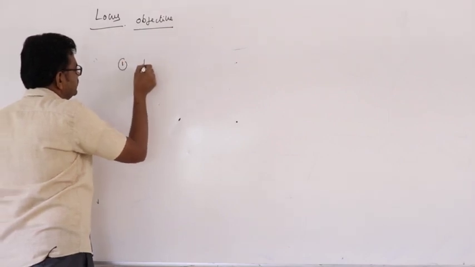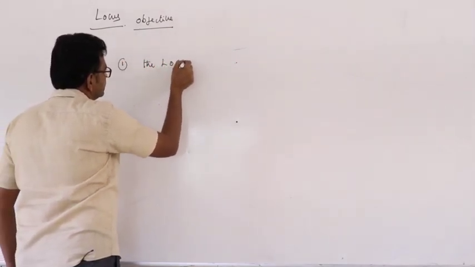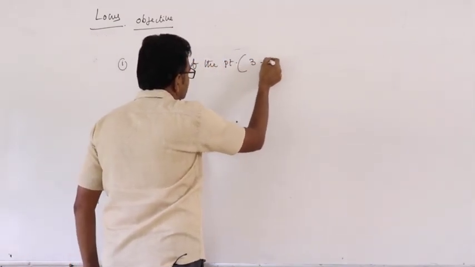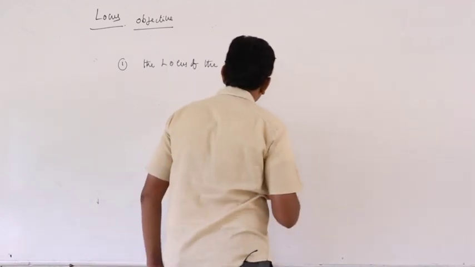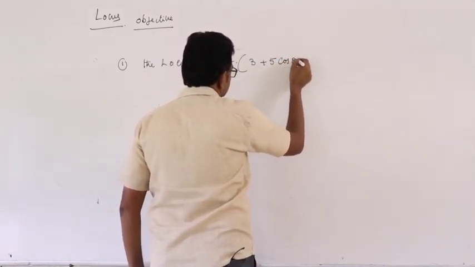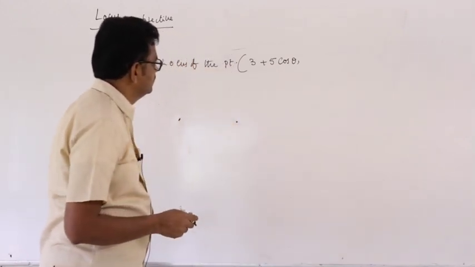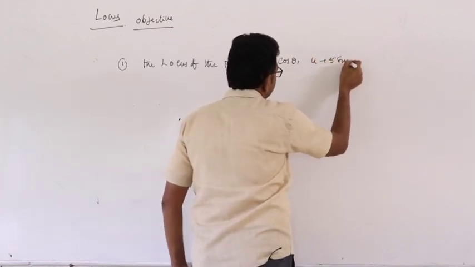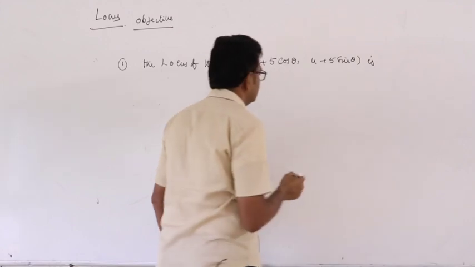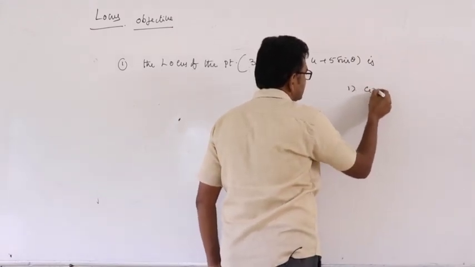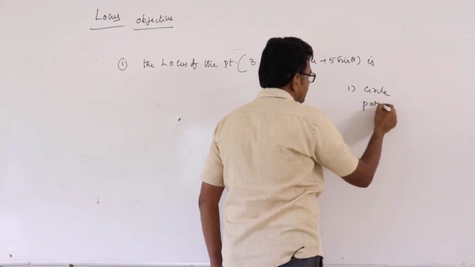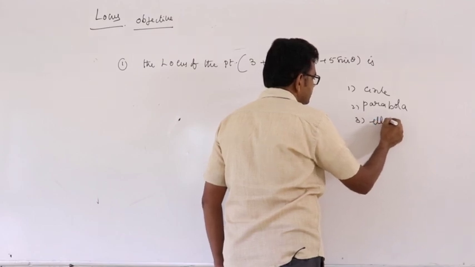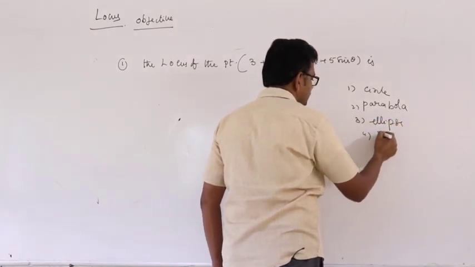One problem: the locus of the point (3 + 5cosθ, 4 + 5sinθ) is: first option circle, second one parabola, third one ellipse, fourth one hyperbola.